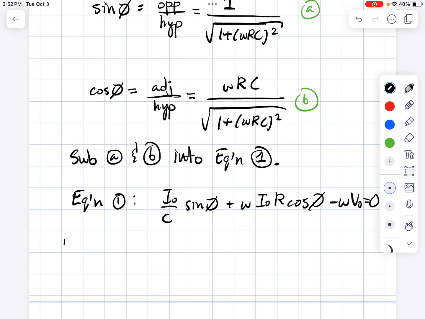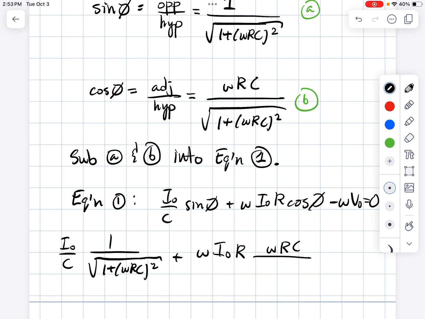I naught over C, and instead of sine phi we're going to write 1 over the square root of 1 plus omega RC squared. And then we have plus omega I naught R, and instead of cos phi we're going to have omega RC over the square root of 1 plus omega RC squared. And then we still have the minus omega V naught, and all of that has to be equal to 0.